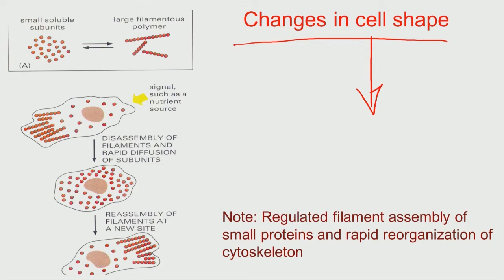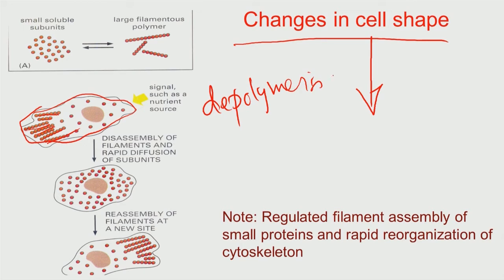Now, you have a cell here. Please follow me as I make an attempt to explain. So, these are the actin filaments in the cytoskeleton, which you have seen in more detail in the last few slides. Under certain circumstances, as I said, actin filaments have a unique characteristic that they can undergo a process called depolymerization.